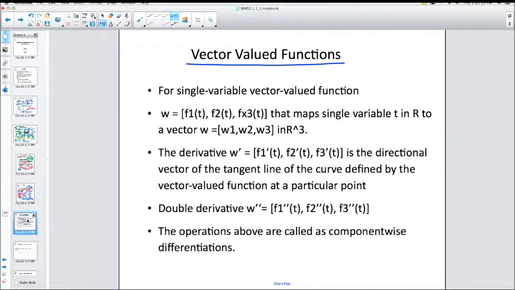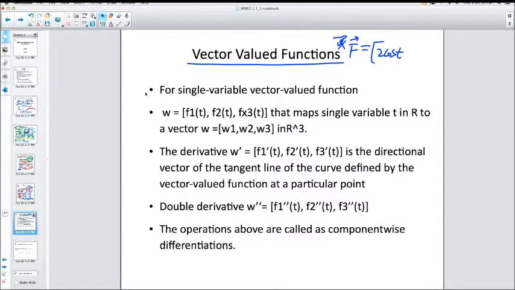Let me give you an example. The function f equals 2 cosine t, and the second one we have 2 sine t. The third one, 3t. Let me change the 2 to 4, maybe better.